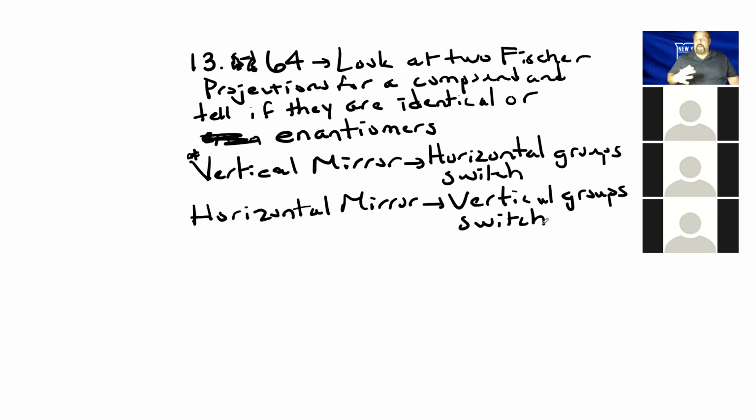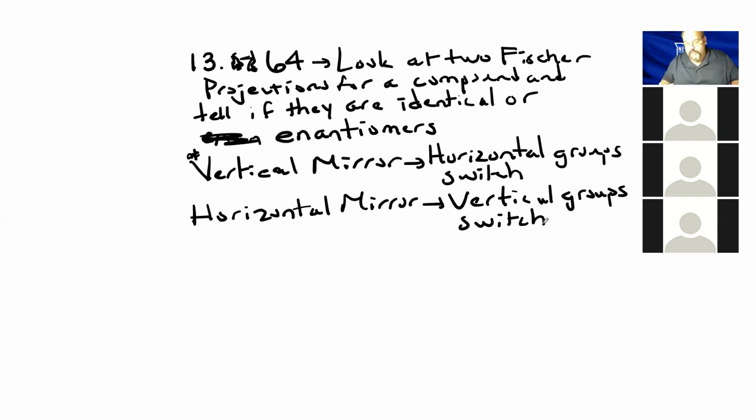It's possible to draw an enantiomer for a Fisher projection using a horizontal mirror. The vertical groups would switch. So instead of having the most highly oxidized group towards the top, it would end up on the bottom, because whatever's at the top would end up at the bottom, and whatever's at the bottom would end up at the top.